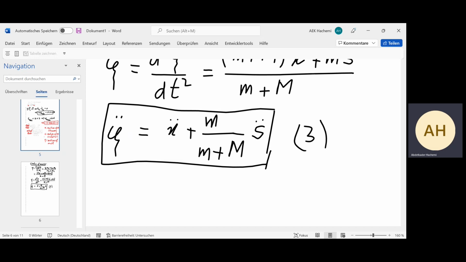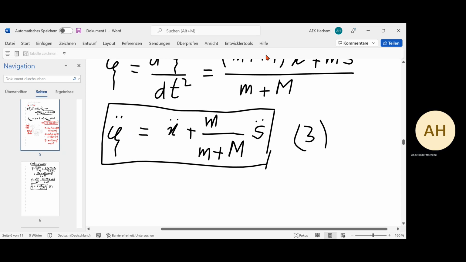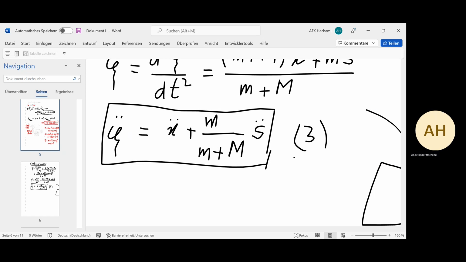Now, if we look to this expression now, we have this third equation, okay?